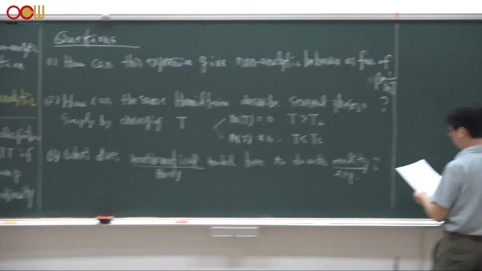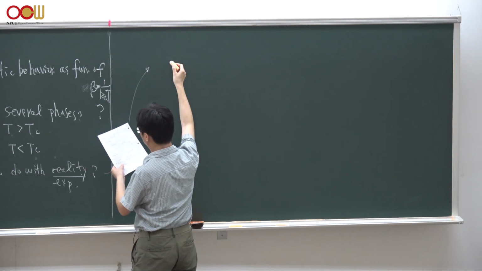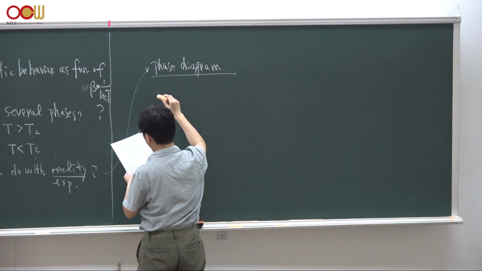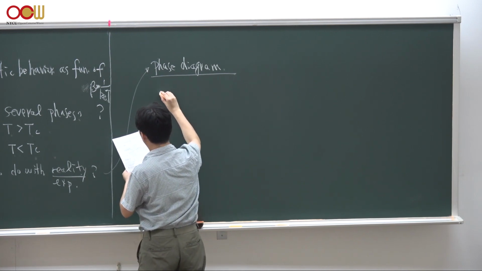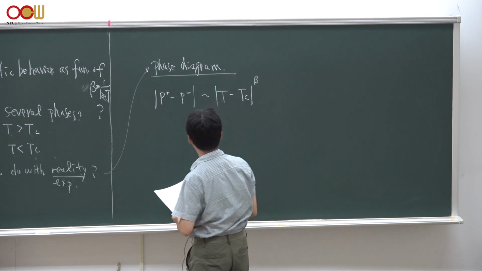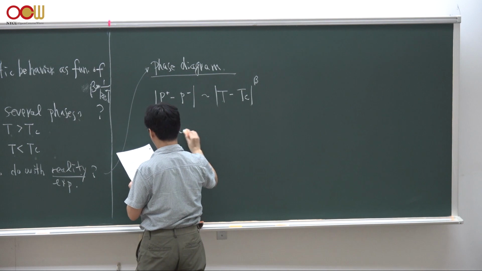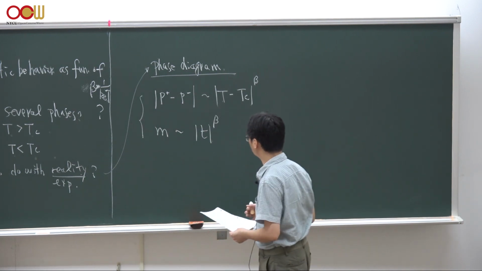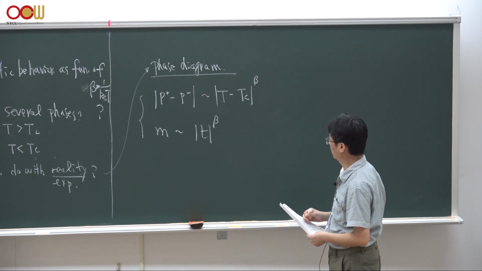Examples that I showed you last time illustrate the relation between theory and experiments. The liquid gas transition that we mentioned last time shows the power law dependence on T minus Tc, the same exponent that we can see from the magnetic system, where the magnetization near the transition shows a power law behavior.